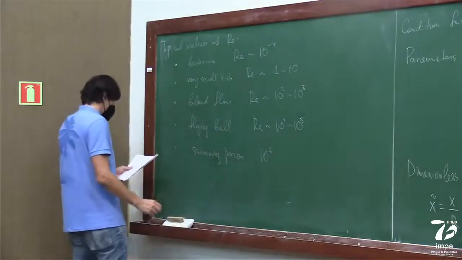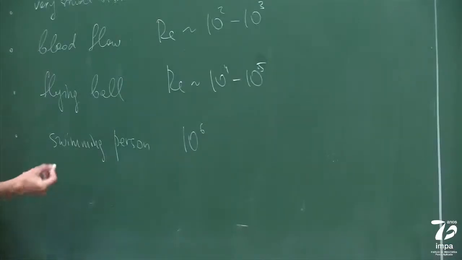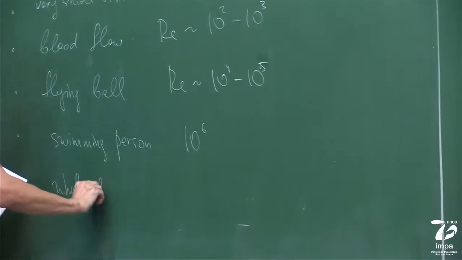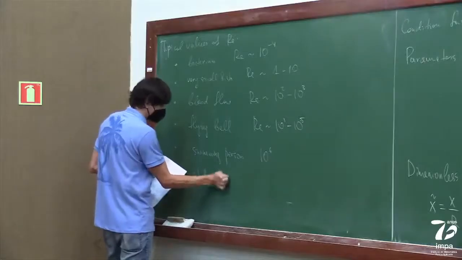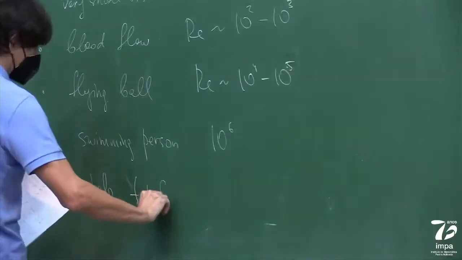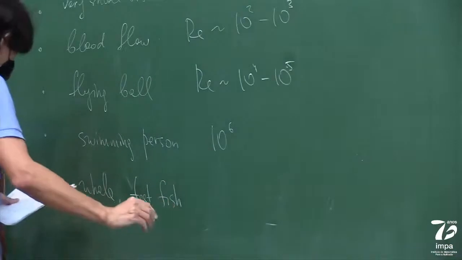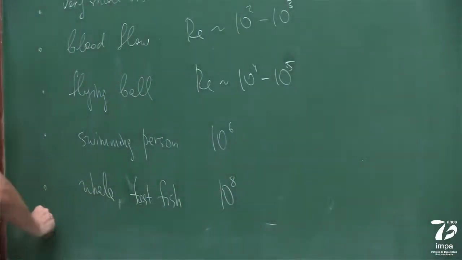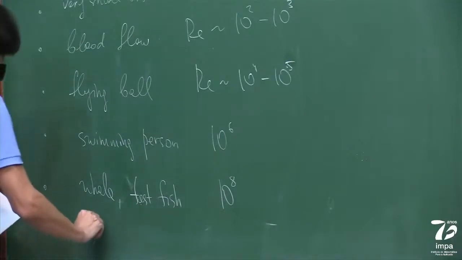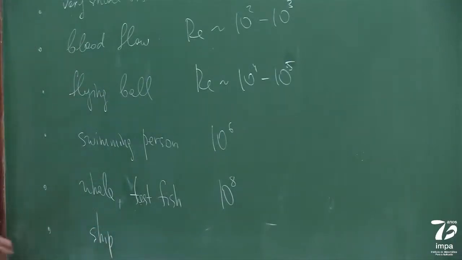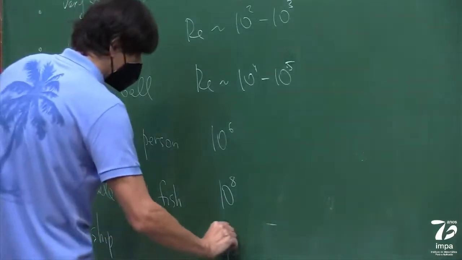Then we can go to some very big fishes, the whale, or a big, fast fish. It can go to 10 to the 8. Then you take a ship. The normal size ship goes to 10 to the 9.